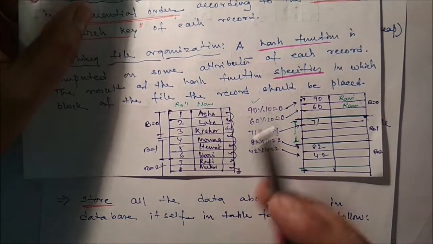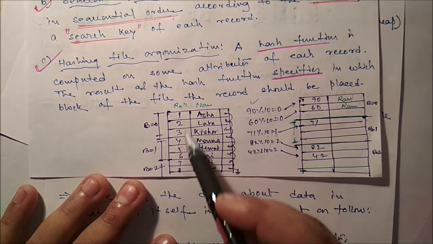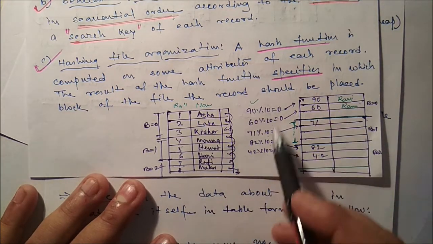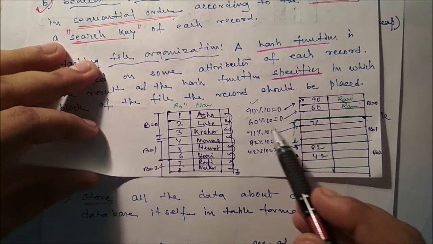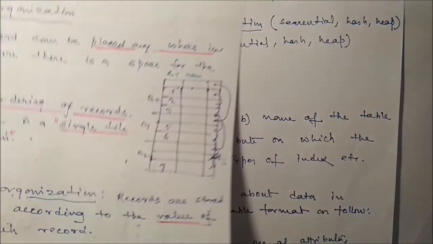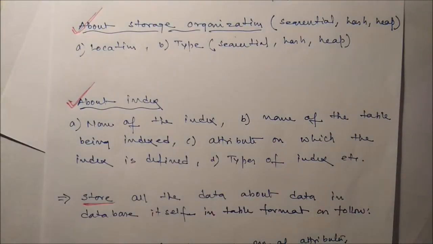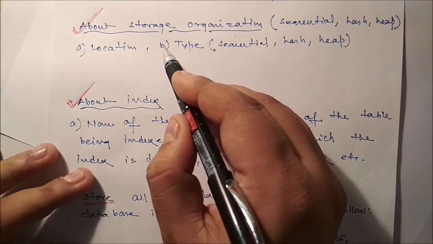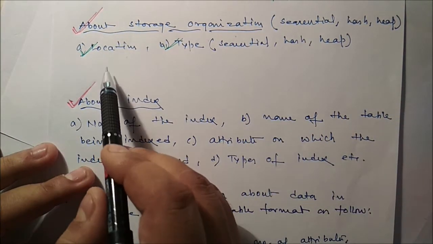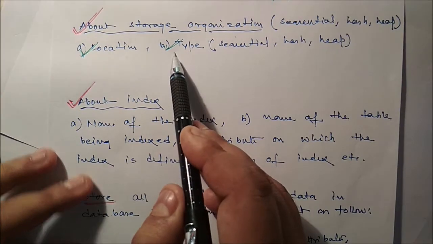If it is sequential, we store it in order of the search key, or we may use a hash function to store it. In which format it is stored, that information is also kept, along with the location of the table in memory.